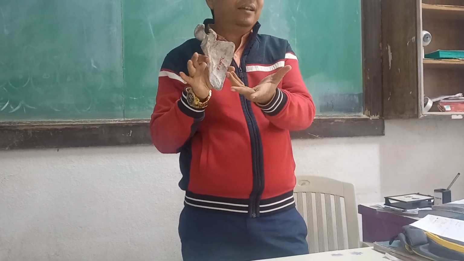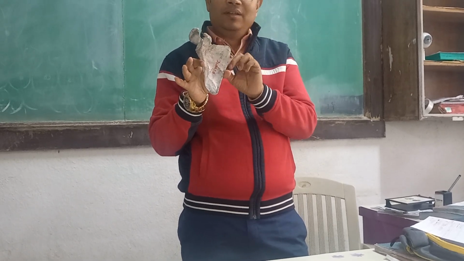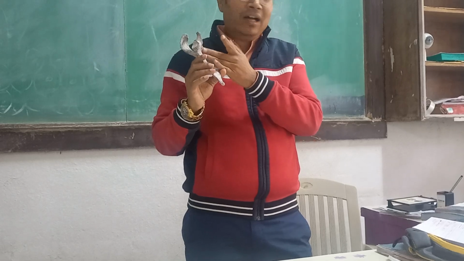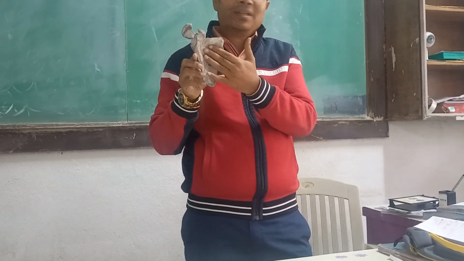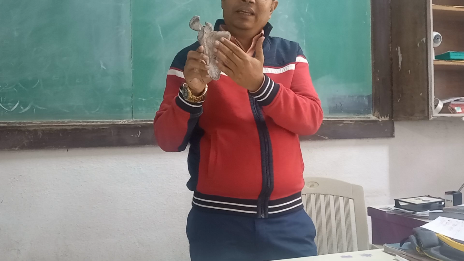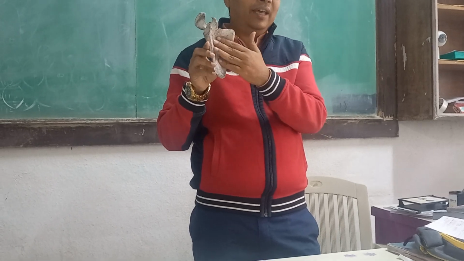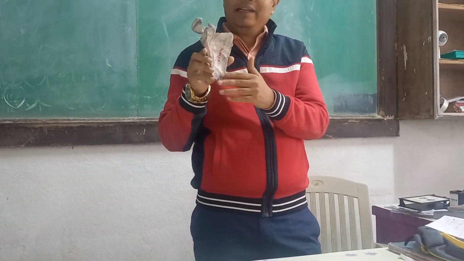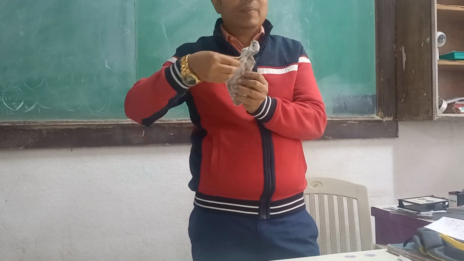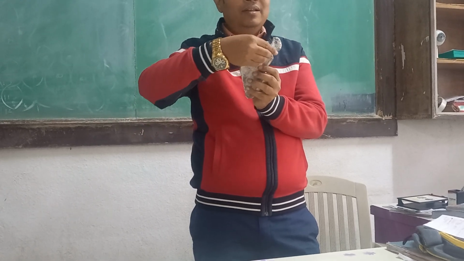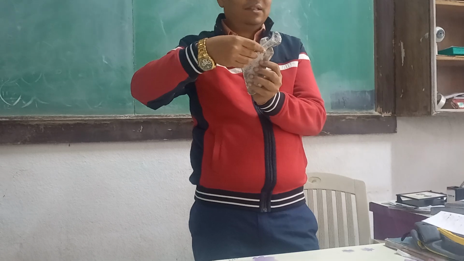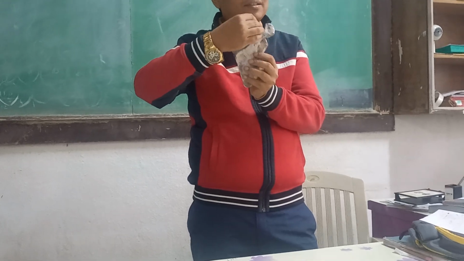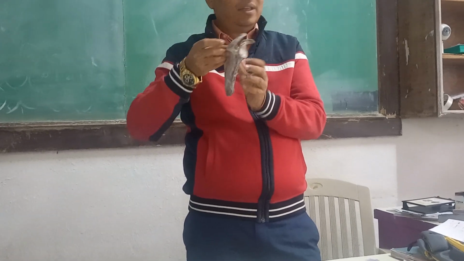Next, anterior and posterior. This fossa, called the subscapular fossa, is the anteriorly concave fossa, that is anterior, and the spinous process extending up to the acromion process is posterior.